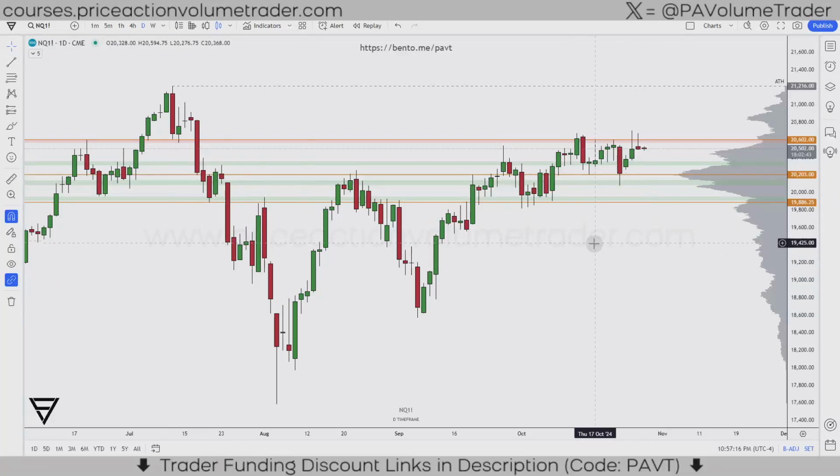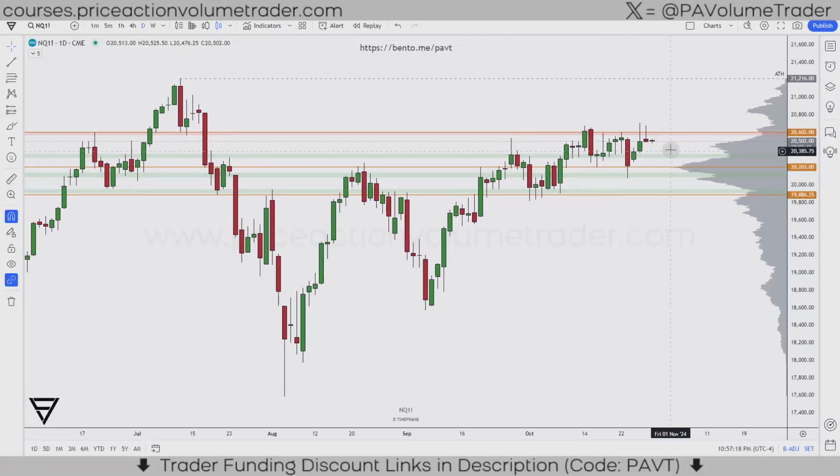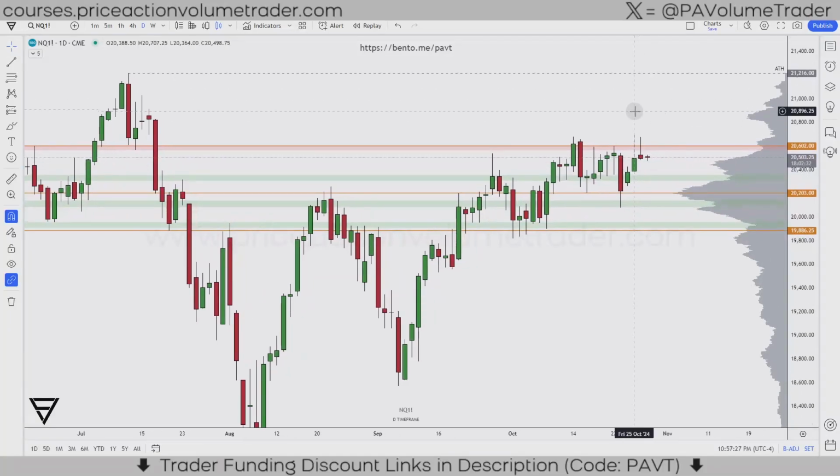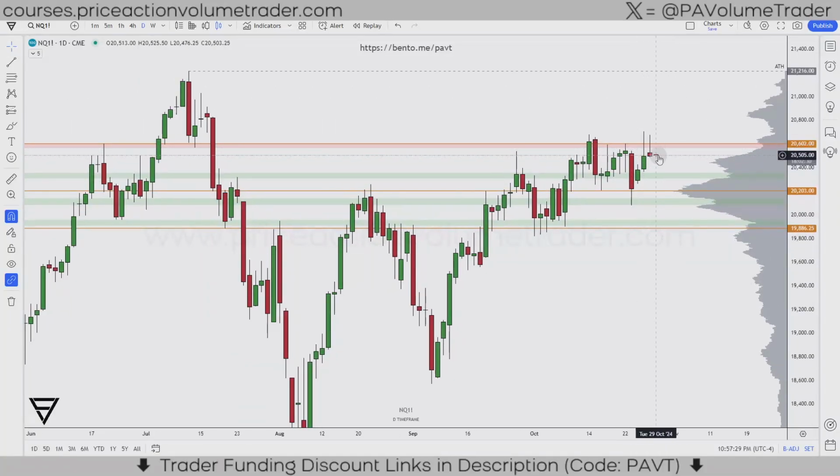So let's just start off very quickly with a higher time frame analysis. If you saw my weekend analysis that came out a few days ago on NASDAQ, this is the area we're in, and I talked about 20,602, a very important level. You can see how Friday and Monday we are still having a hard time breaking through that level.